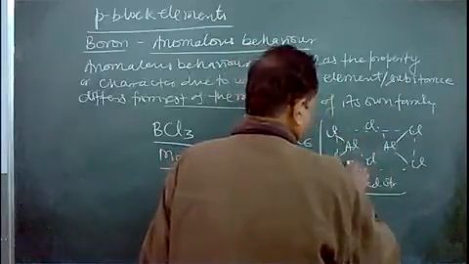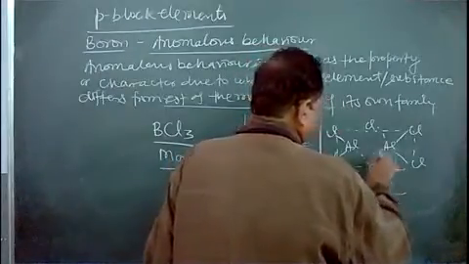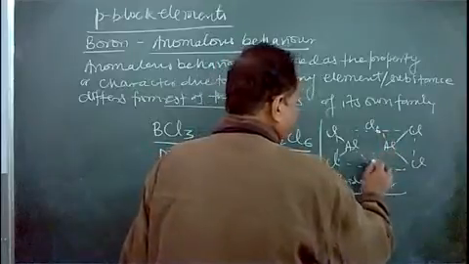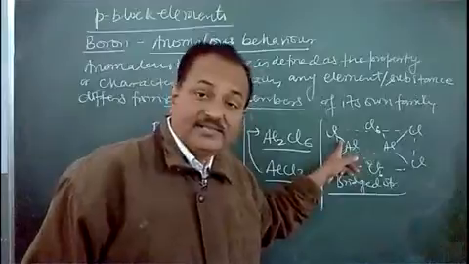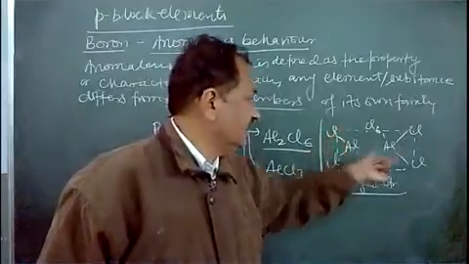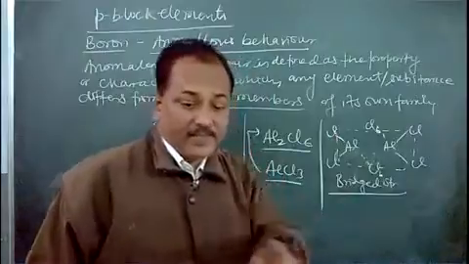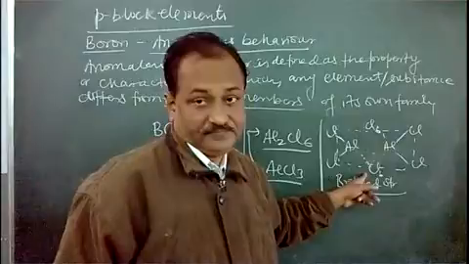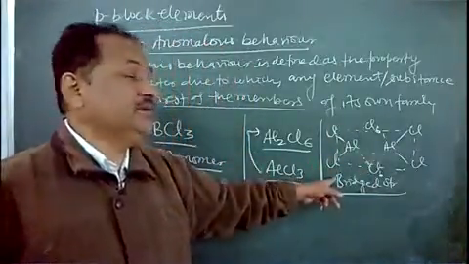We write here B, which stands for bridging. The bond lengths of all the four terminal ones are the same, but the bridging bond length is slightly larger. And this is the condition of the dimer.